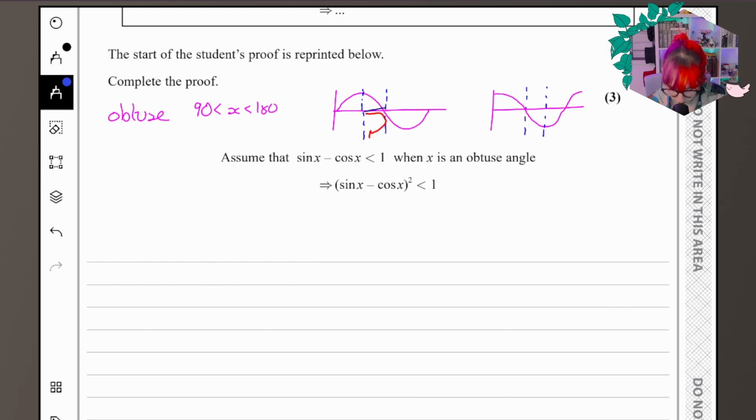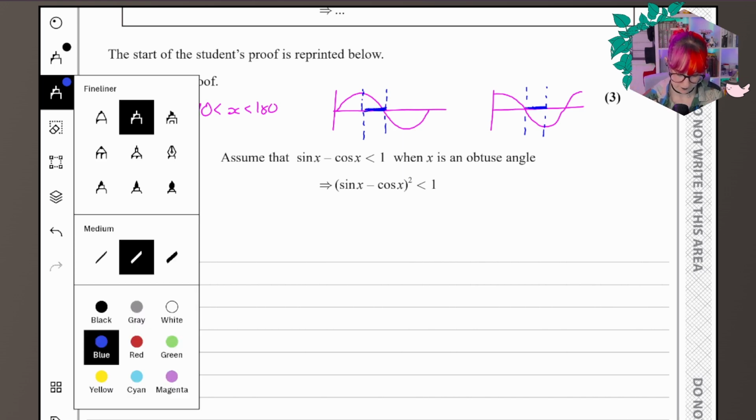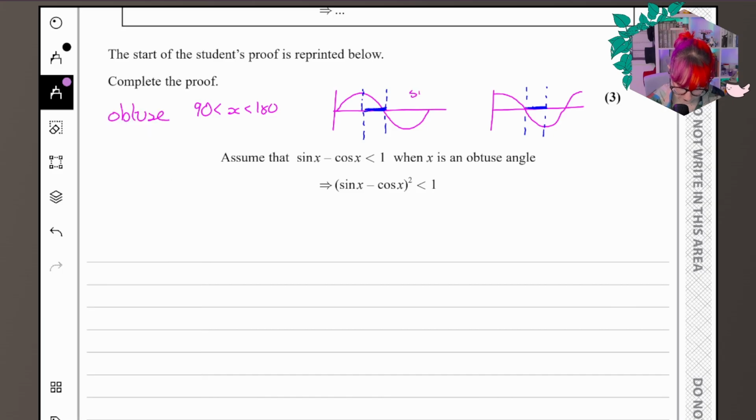So all we're concerned with is x between these possible values, sin x and cos x. That means that sin x is always going to be greater than 0 and cos x is always going to be less than 0 when x is an obtuse angle.